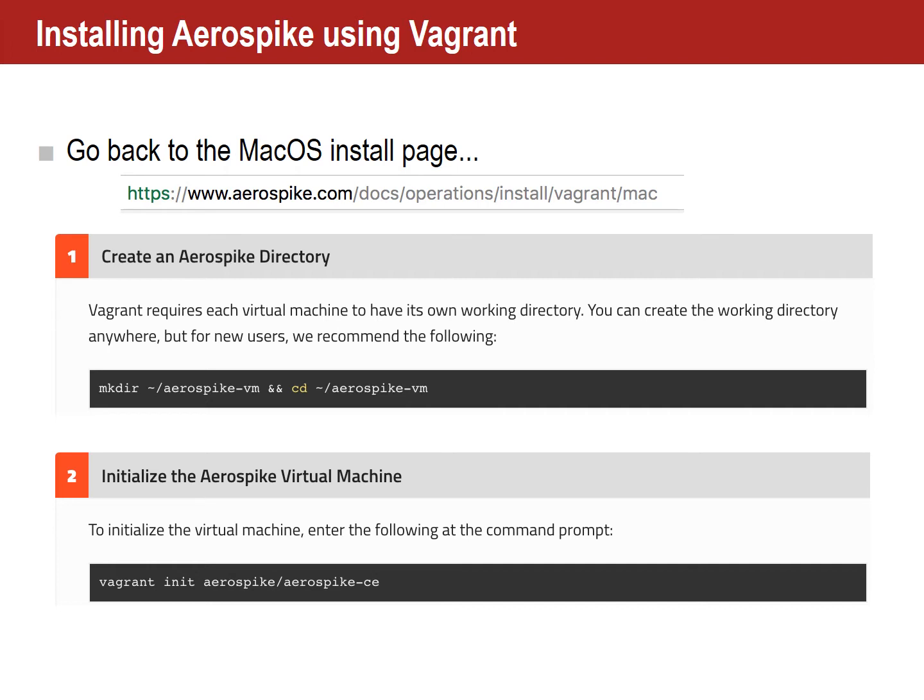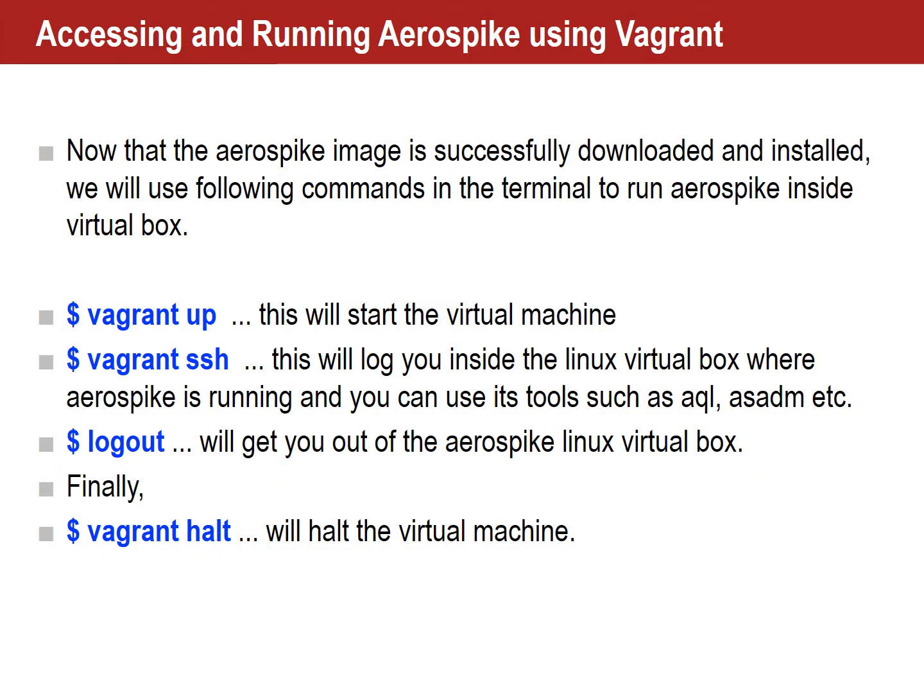Once you are inside aerospike-vm subdirectory, use vagrant init aerospike/aerospike-ce command to download the Aerospike image from the cloud.